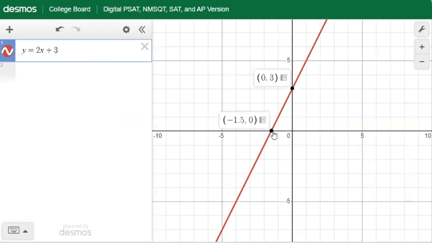It is not required for the line, but it is an extra add-on in Desmos. Again, with the hover feature, you can look for any other point on the line where you need it.